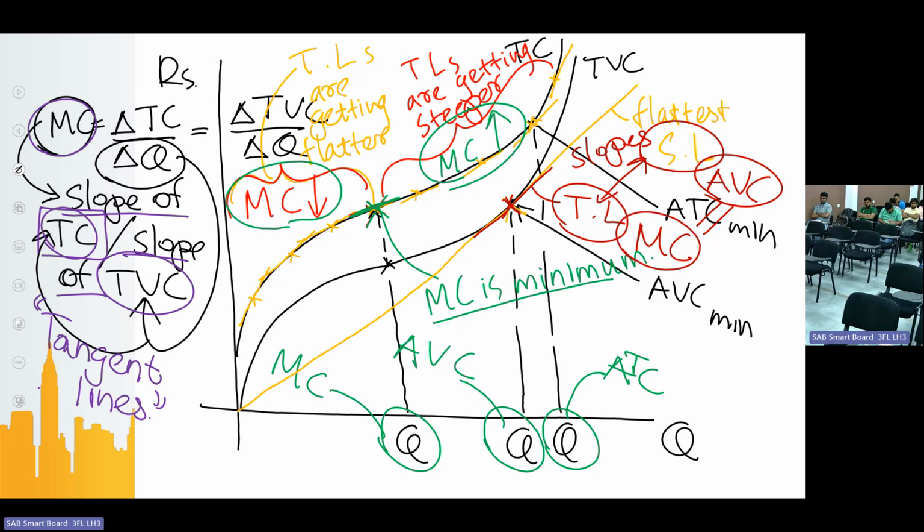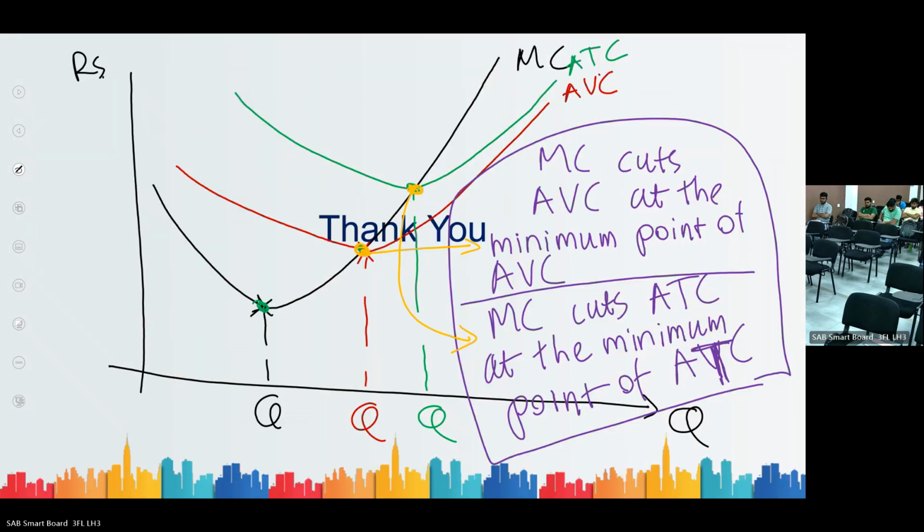It implies that MC and ABC are the same at this point. So this point corresponds to this output level, where MC and ABC are equal.